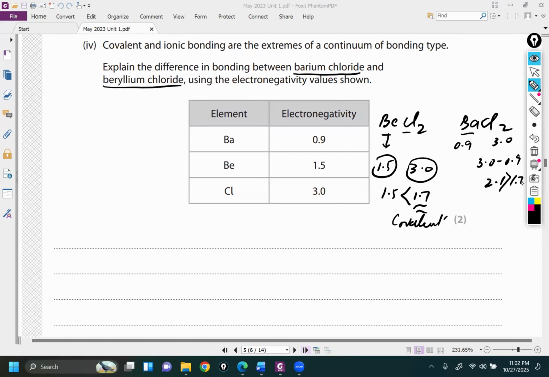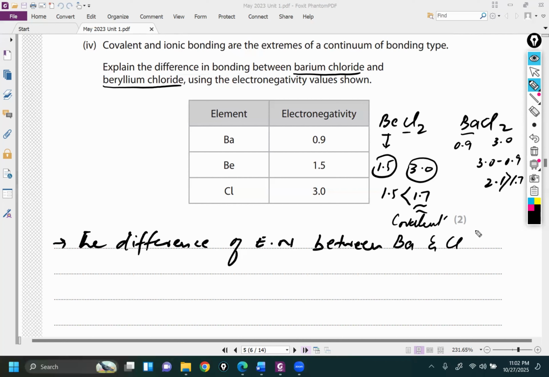To write this answer, you will just say that the difference of electronegativity between barium and chlorine is greater, so the bond is ionic.